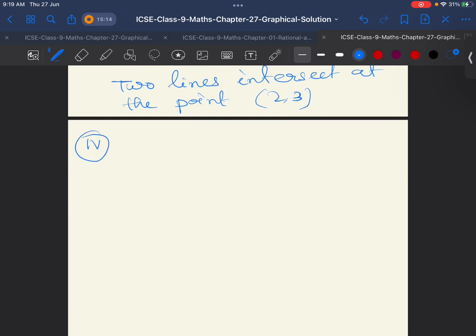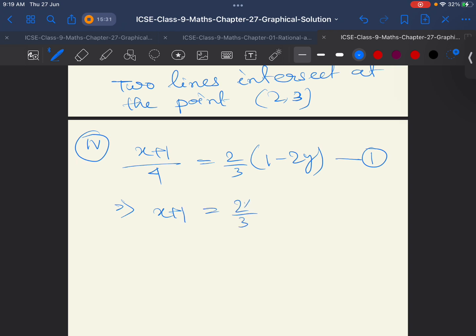So now the question: (x plus 1) by 4 equals (2y minus 3) by 3, which is 1 minus 2y. This is equation 1. Now it implies x plus 1 equals 2y 3 into 4, 1 minus 2y.